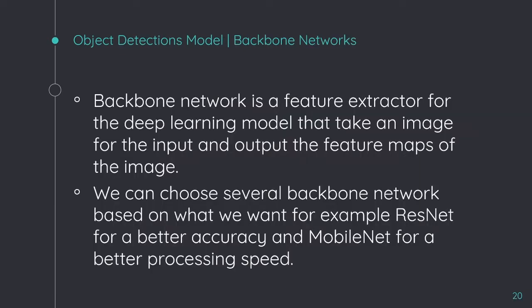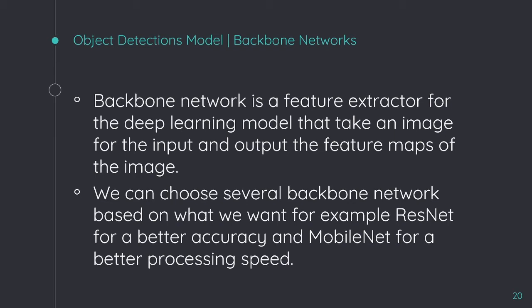So after we learn about the CNN model, we need to learn about the object detection model. First off, we need the backbone network for our object detection model. The backbone network is a feature extractor for the deep learning model that will take the input image and output the feature maps of the image that have been provided.